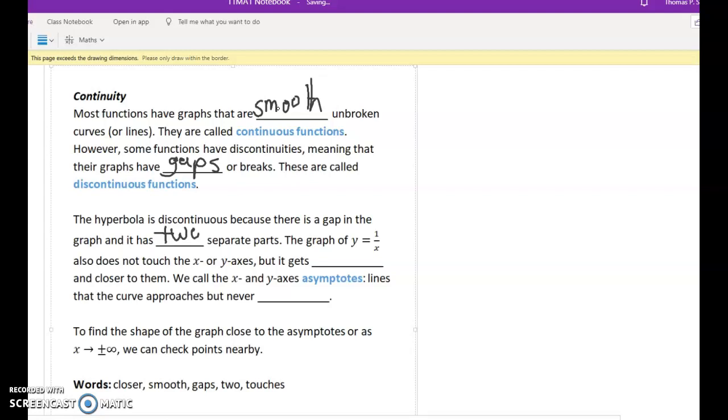The graph of y equals 1 on x also does not touch the x or y axis, but it gets closer and closer to them. We call the x and y axis asymptotes, lines that the curve approaches but never touches.